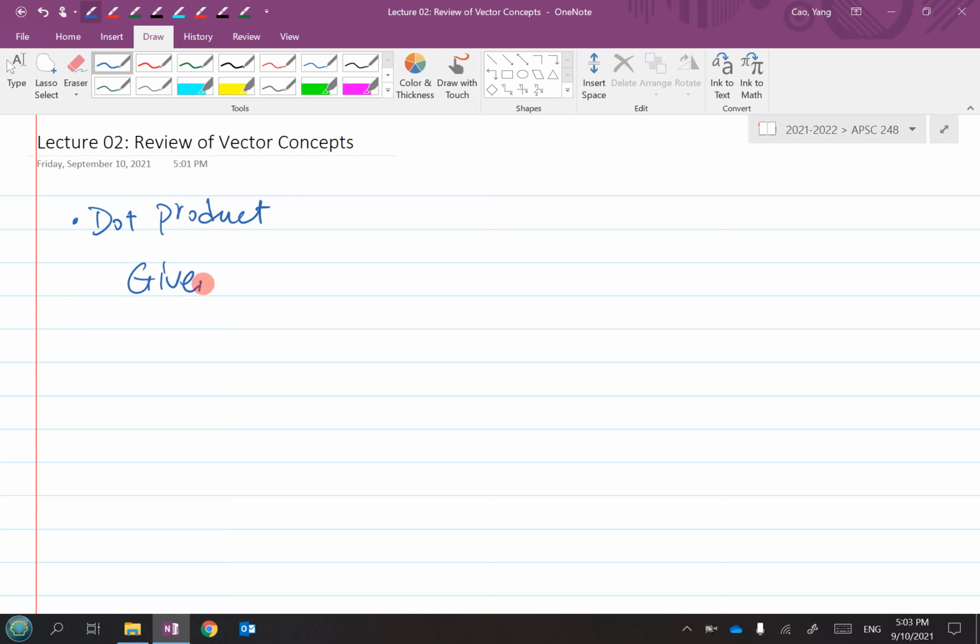If you have two vectors, A and B, forgive me for my handwriting, on top of the letter A and B here, they are half arrows. Sometimes you use a full arrow, but they are half arrows. So A1, A2, A3, B1, B2, B3.